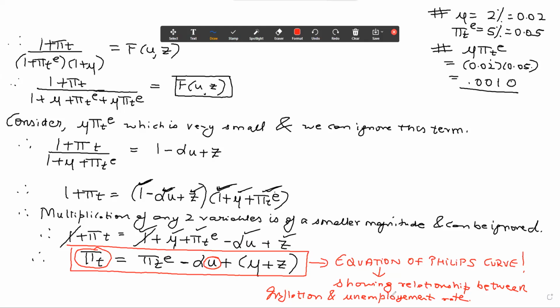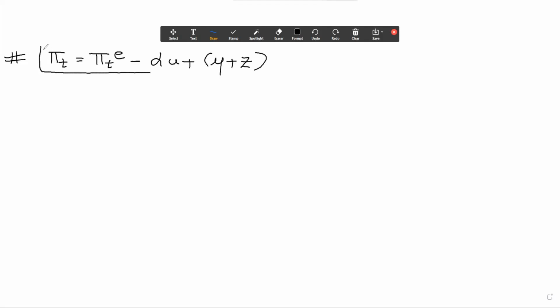So if I quickly write it again, pi t is equal to pi t e minus alpha u plus mu plus z. Where all of us know pi t denotes the actual inflation in the time period t, pi te denotes the expected inflation in the time period t, u is the unemployment rate, mu is the markup or the degree of monopoly power, z denotes other factors.